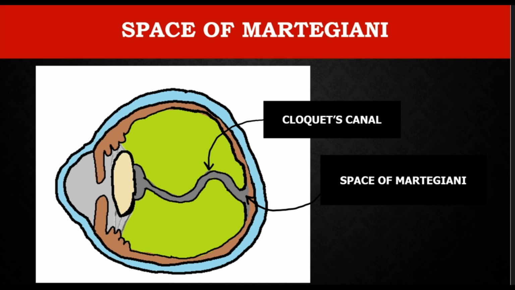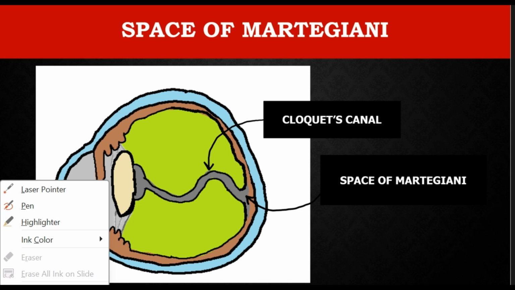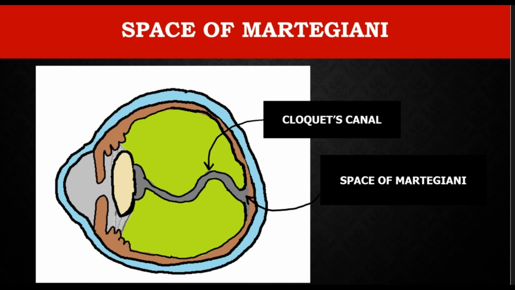Now, as you can see over here, Cloquet's canal basically starts from the patellar fossa. If you have seen our video on the anatomy of the lens, you would know what is meant by patellar fossa. Patellar fossa is just an anterior depression in the vitreous where the lens basically sits, right?